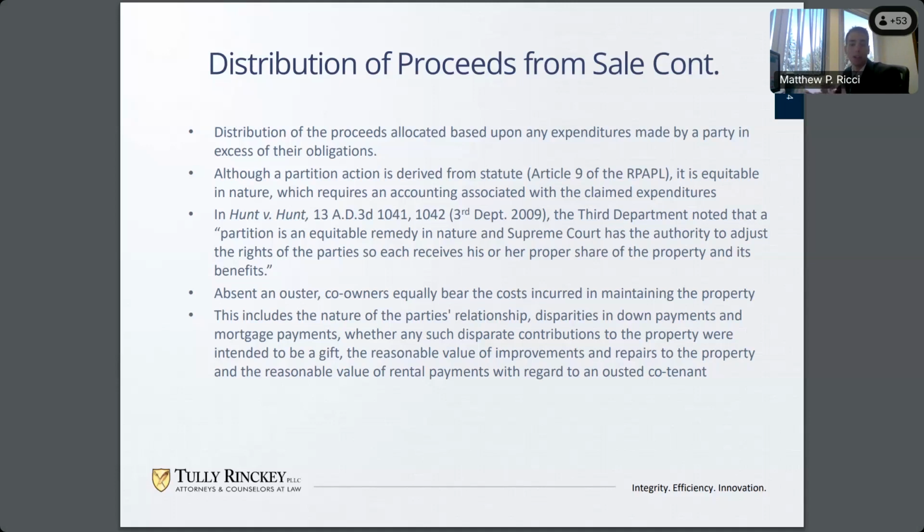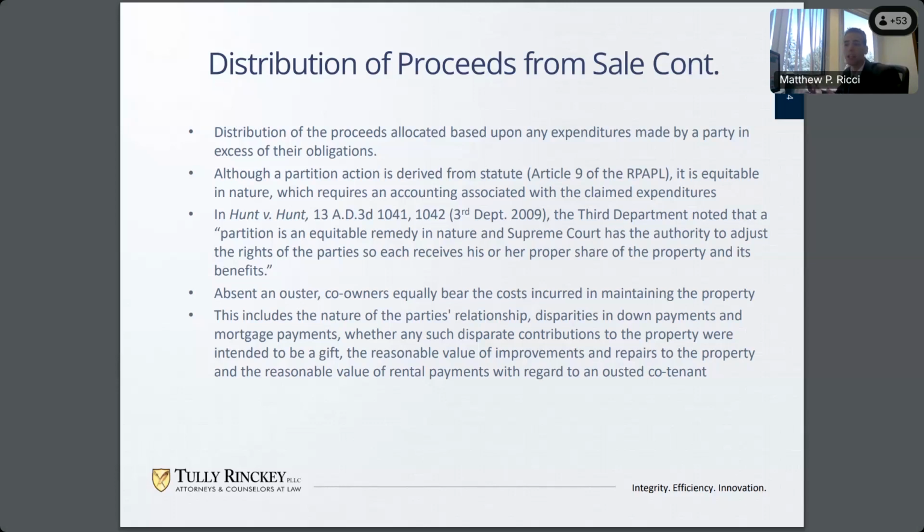Again, whether they're both living in the property, whether maybe one is living in the property and the other is not, when these expenditures are made. They might look at disparities in down payments and mortgage payments. Maybe when husband and wife purchase a property, wife pays for the full down payment out of a separate bank account than the husband.